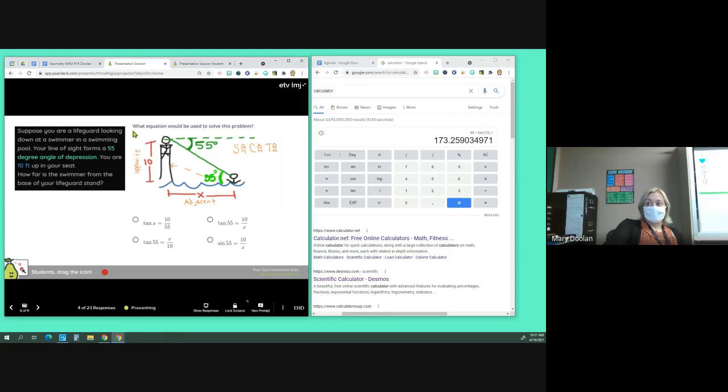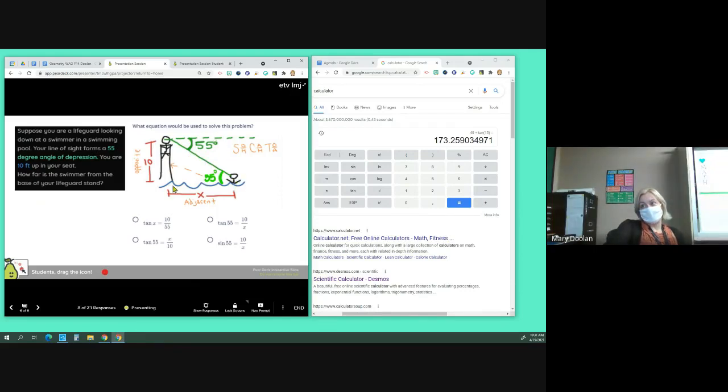So we can draw a picture or look at a picture to go with this scenario. Here is the lifeguard that you are in your chair. You are 10 feet up in the air. Your line of sight, if you look straight across, that's flat, horizontal, but looking down, your line of depression, so 55 degrees down, creates this line of sight to the swimmer, which is in the water.